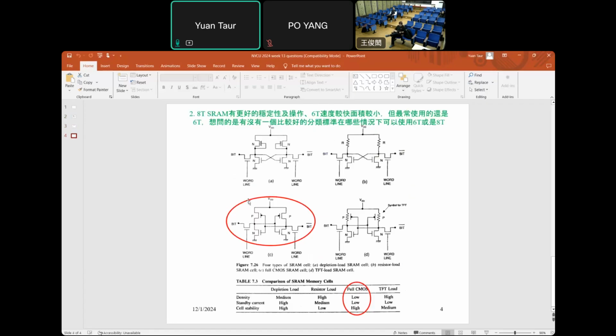Okay, 6T, we discussed the 6T, which is basically 2 CMOS inverters plus 2 N transistors, and of course the density is high because of 6T compared with others here, but 8T has even lower density because you have even more transistors than 6T. But the additional benefit is not much compared with 6T.